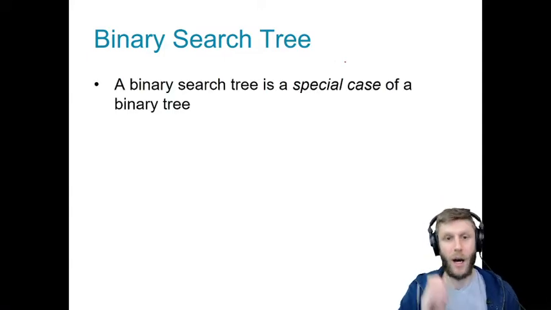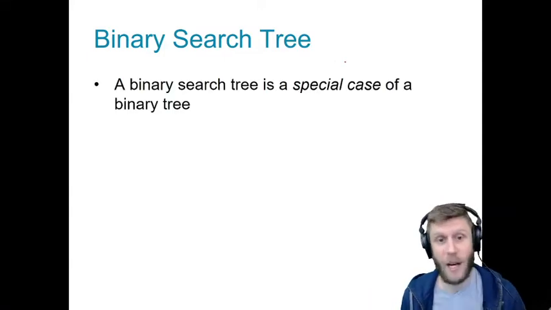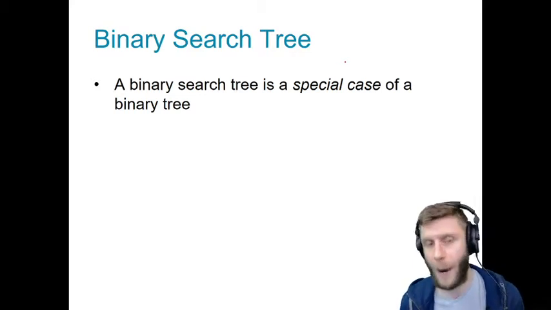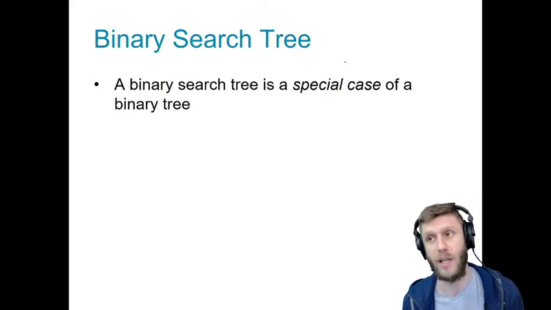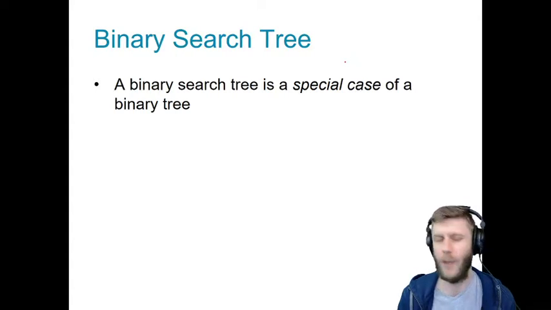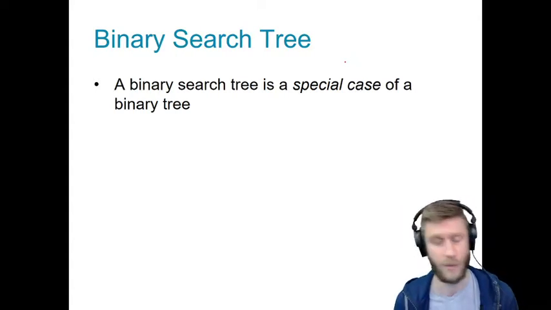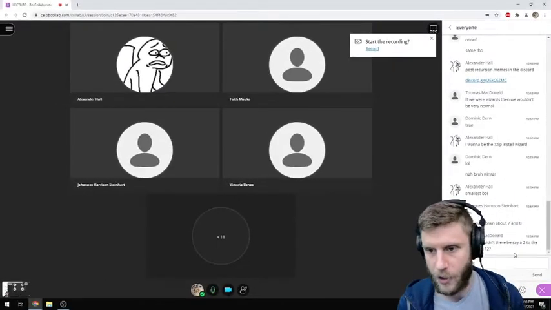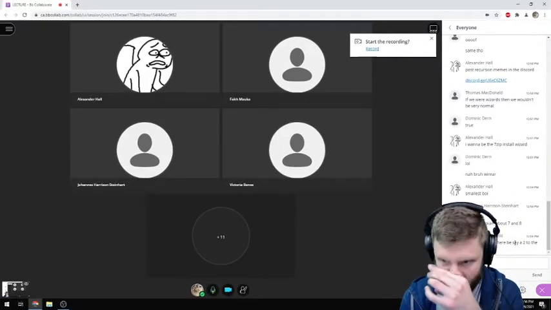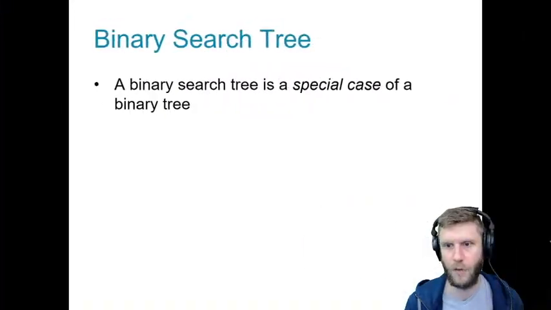So a binary search tree is a special case of a binary tree, right? So all binary search trees are binary trees, but not all binary trees are binary search trees. So why couldn't there be, say, a 2 in the left of 12?